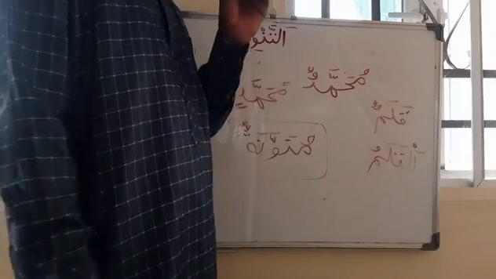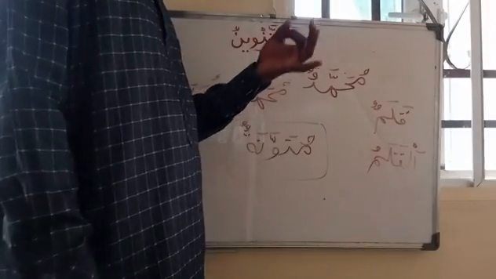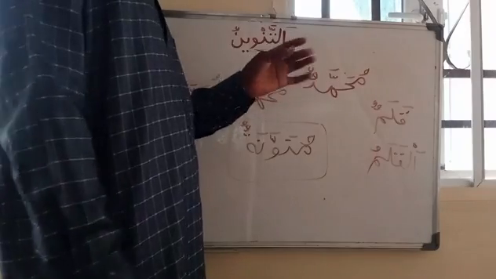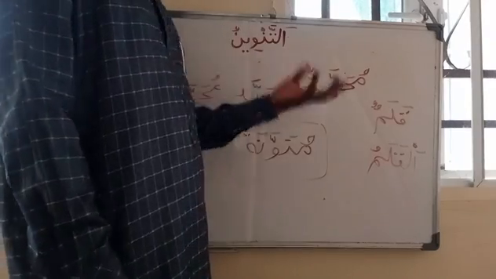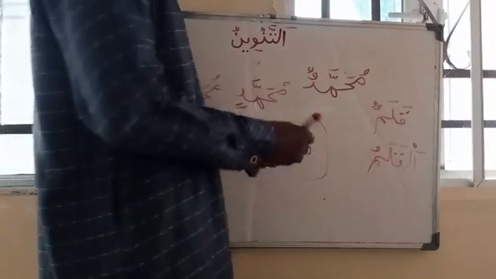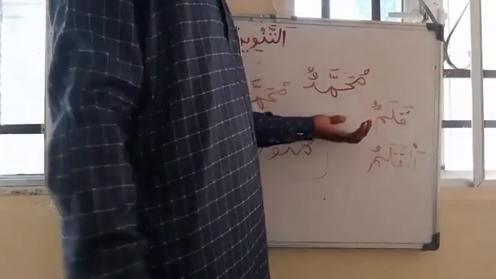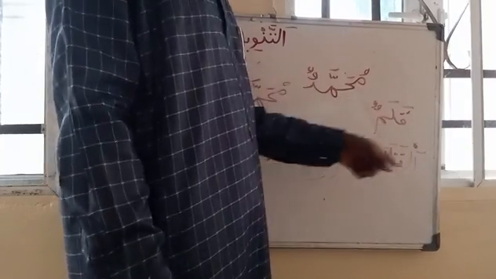Let's put it this way: tanwin makes a word indefinite. Like when we say waladun, or qalamun, a pen, or just pen. But when you say al-qalamu, it becomes the pen, it becomes definite.